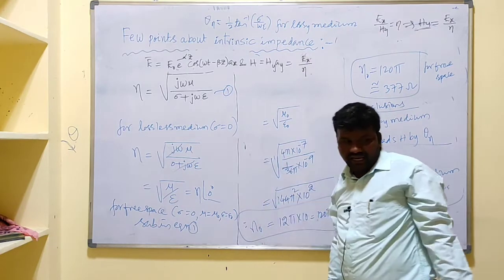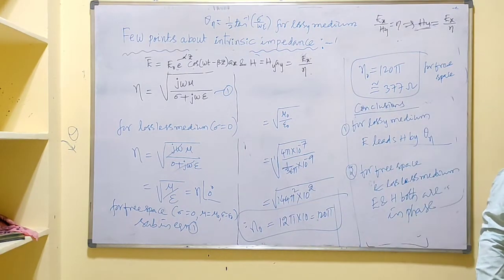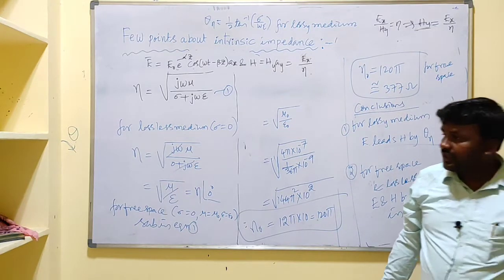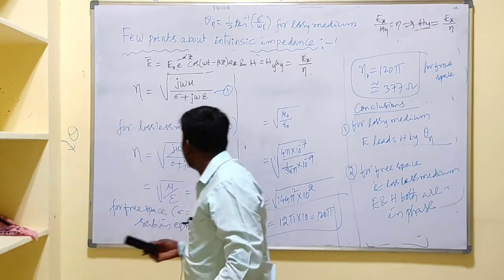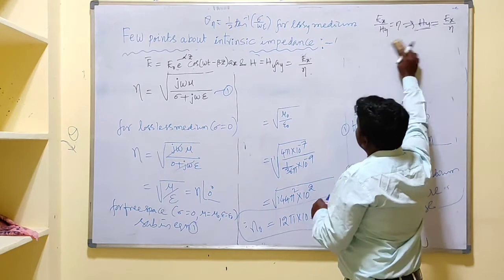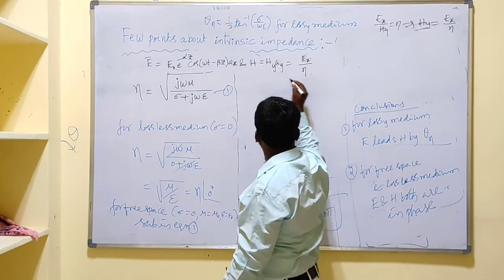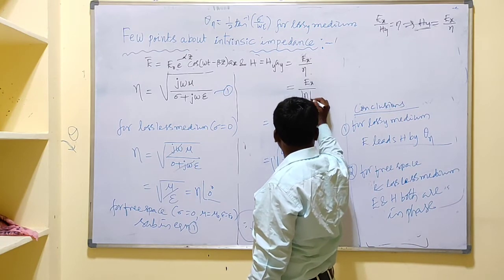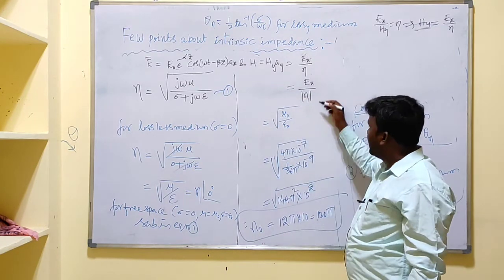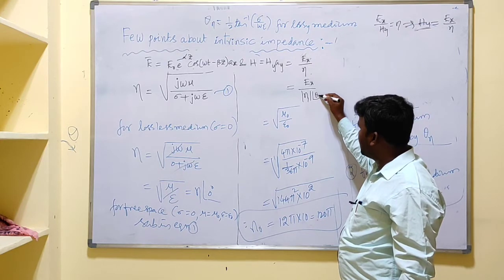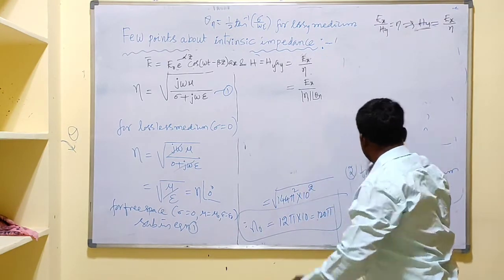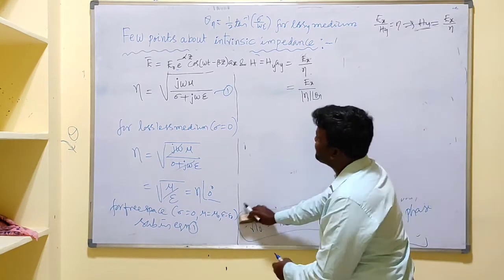What about eta for a lossy medium? It has a phase angle theta eta, so it can be written as mod eta at an angle theta eta. What about E x? Simply we need to substitute.